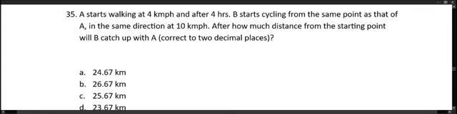A starts walking at 4 km per hour, and after 4 hours B starts cycling from the same point as that of A in the same direction at 10 km per hour.